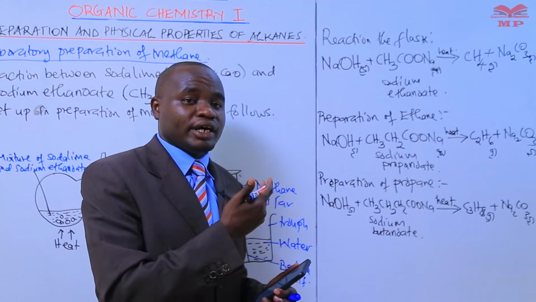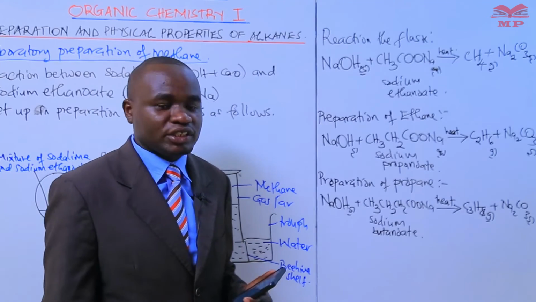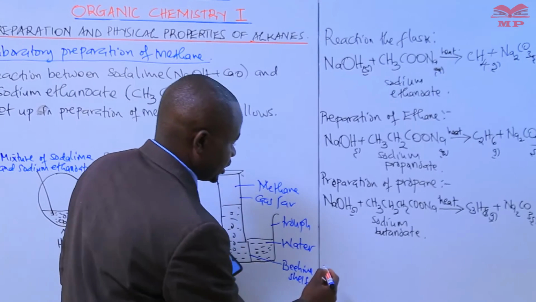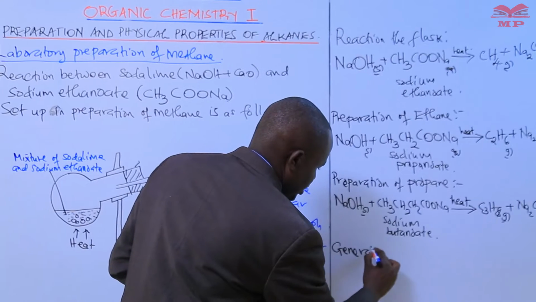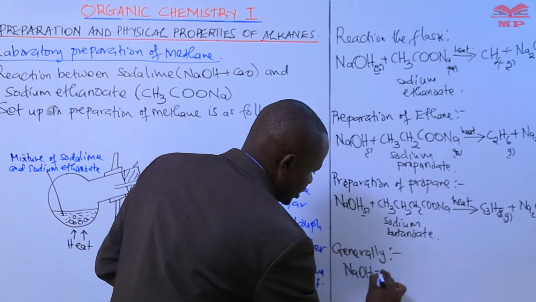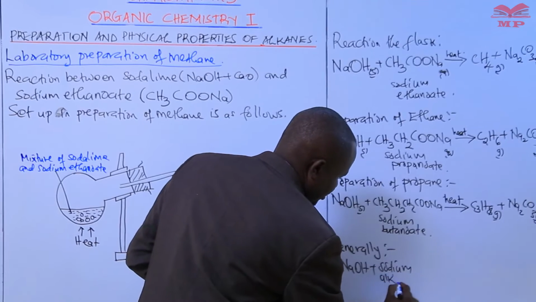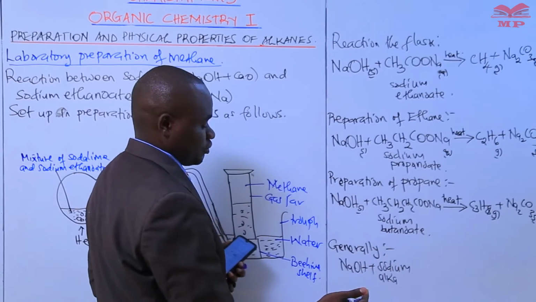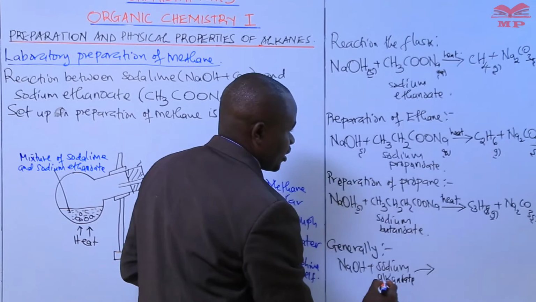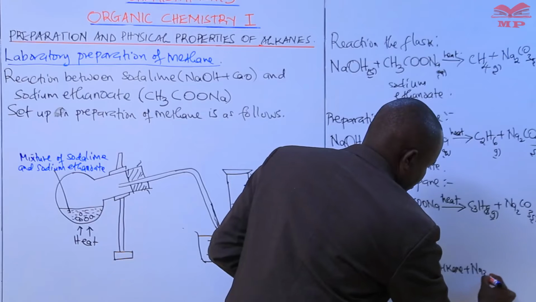Remember, we said compounds which form homologous series have a general method of preparation. You can see the general preparation is what? Generally, if you want to prepare an alkane, you react sodium hydroxide and sodium alkanoate, or the organic salt, and that will give you the alkane, plus sodium carbonate.